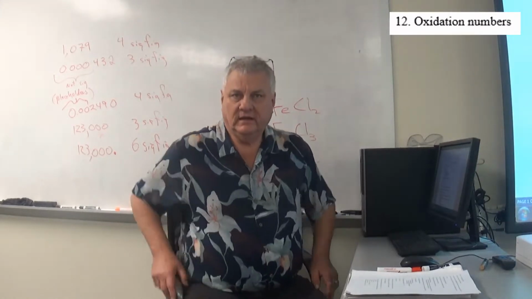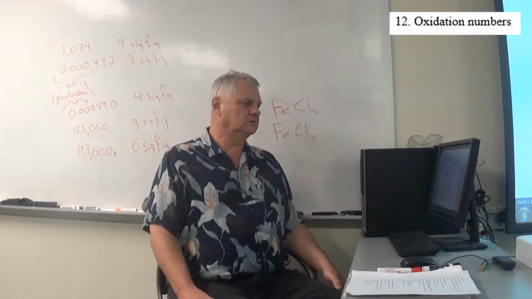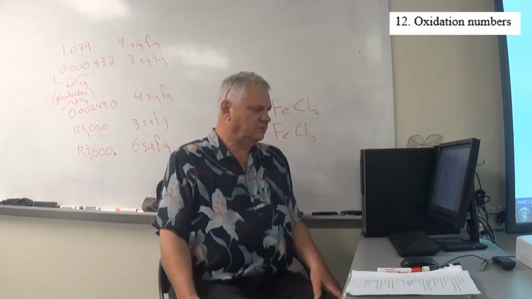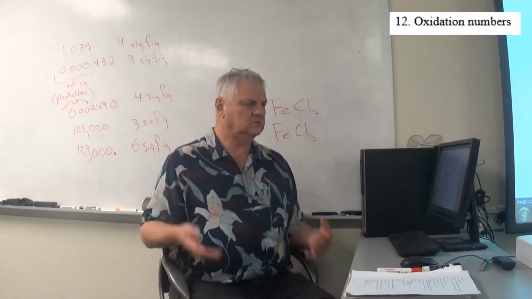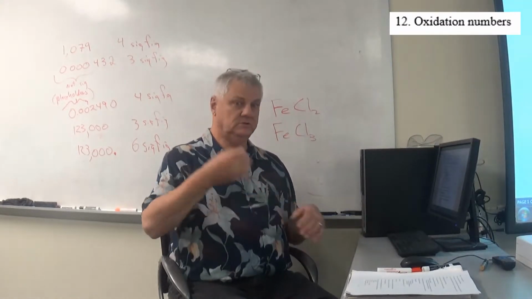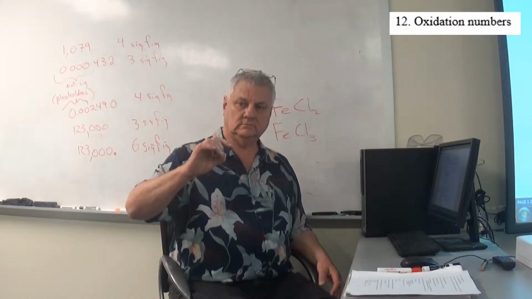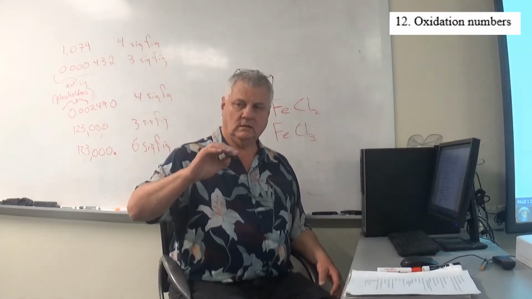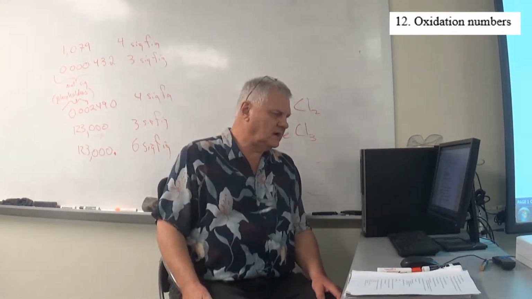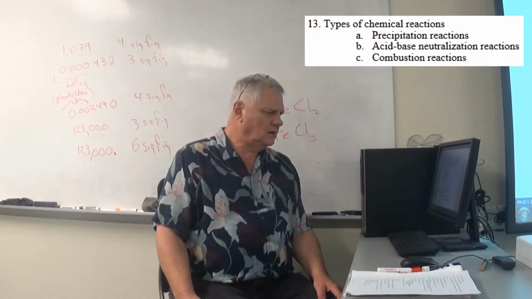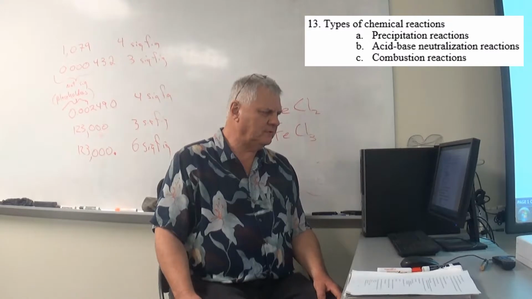It's a reduction, and it corresponds to a reduction in the value of the oxidation number. But again, you can use the rules for oxidation numbers to determine the oxidation number of any element in a compound or polyatomic ion.